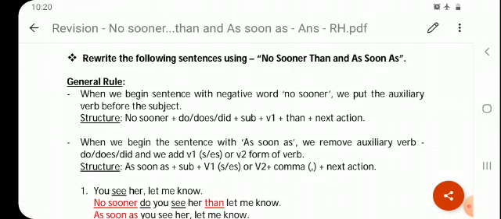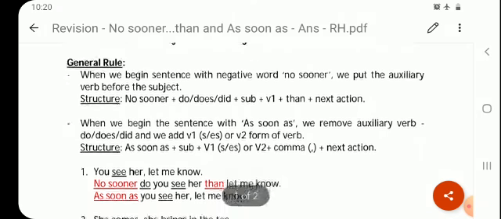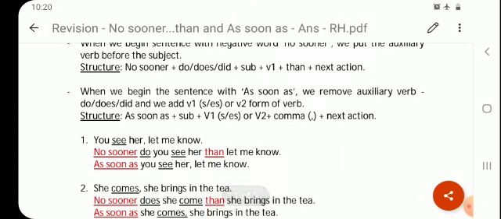Then we'll have our subject, and then we'll change the verb into V1 form, the first form, the root form of the verb. Then we will add the compulsory word than, THAN, not THEN, that you need to remember, and then the next action. And after doing that, if we have to change the sentence into as soon as, we begin with as soon as plus a positive verb.